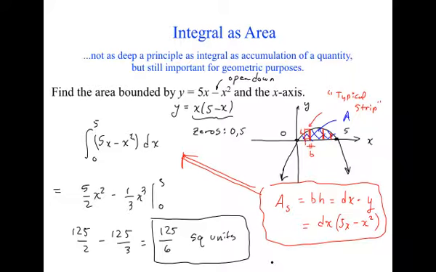The concept. Okay, so why did we get 125 over 6 and not 5? Let's do the arithmetic later. Don't focus on arithmetic. Do you understand the concept? Let's focus on the concept. Trust me, 125 halves minus 125 thirds is 125 over 6. If you need to work that out later, work it out later.